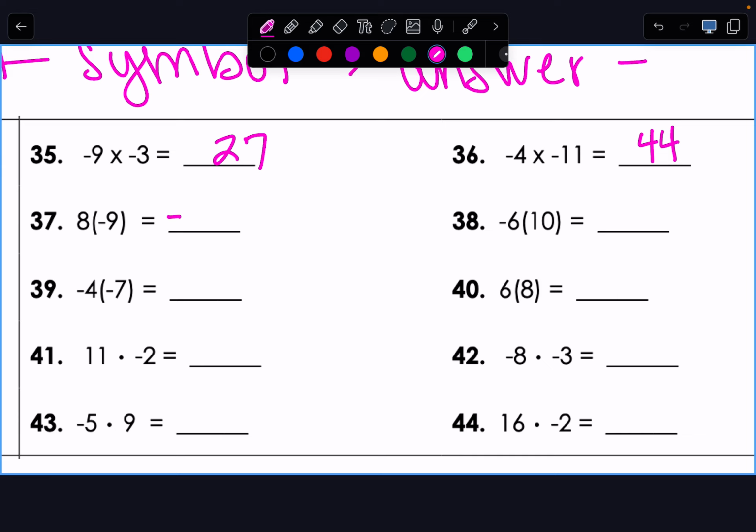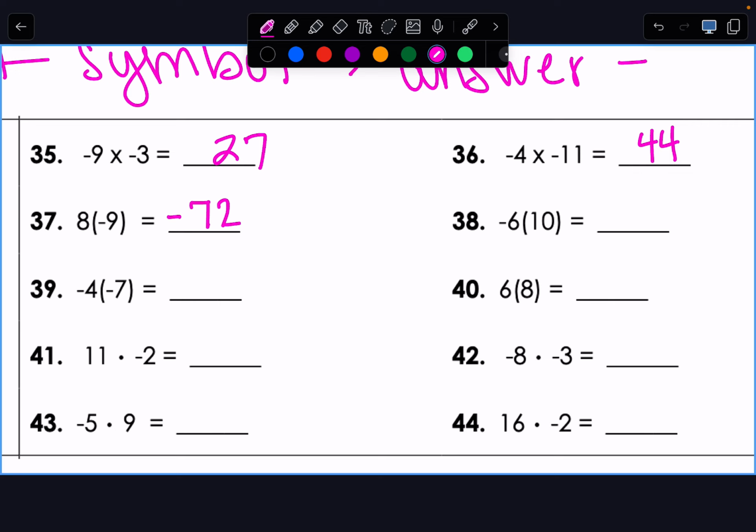What is 8 times 9? 72. Do you know the hand trick for multiplying by 9s? Okay. 9 times 1 is 9. 9 times 2 is 18. That's how many fingers are showing. 9 times 3 is 27. 36. 45. You ever need help? My fingers don't work great anymore.